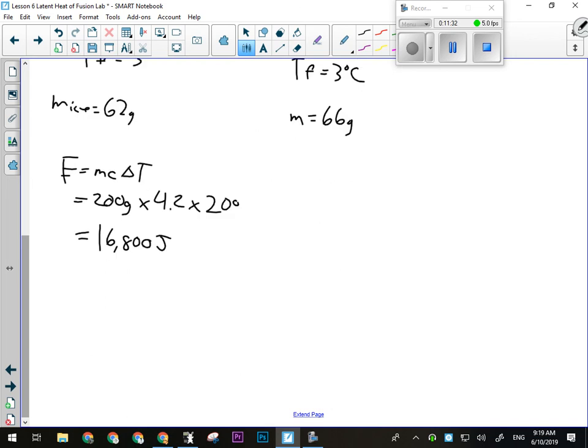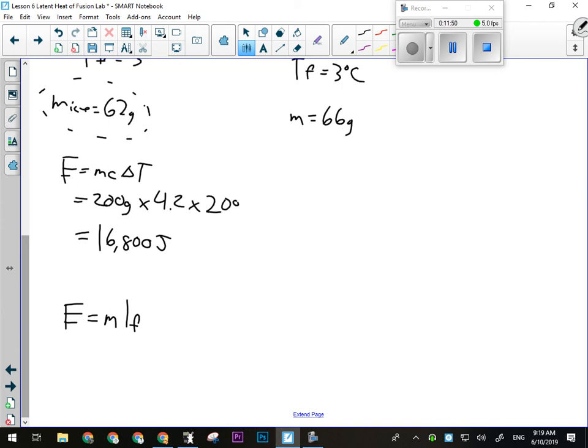That is also then going to be equal to this: E = mL_f, because as we said, it's the energy that was used to melt the ice. We know that the mass of the ice in trial 1 is 62 grams.